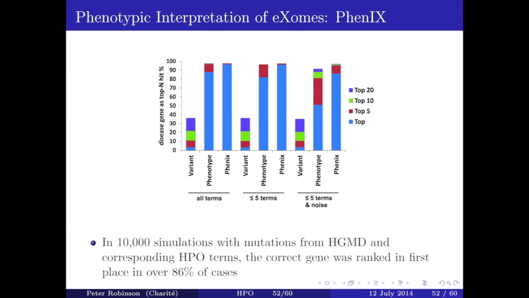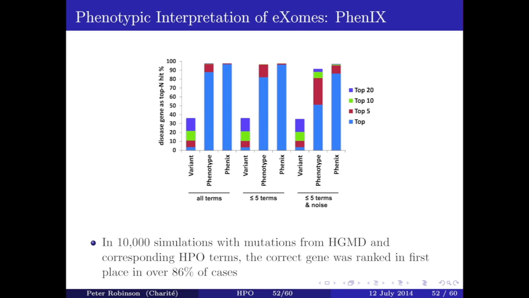So then we asked, if things go really well, the gene that we spiked in will be in first place, right? And so that's top, the blue guy here. If things go pretty well, it'll be in the top 5, top 10, or top 20. So these are the three colors. And what you see here, in this evaluation, we looked at just the variant. So we ranked the genes by just looking at the variant.